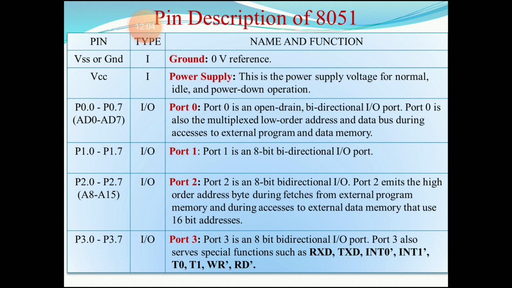And port 2 is multiplexed with higher order address bus A8 to A15, can be used as either a bidirectional IO port or to carry the higher order 8-bit address A8 to A15. And port 3 is a bidirectional IO port and carries some other functions such as RxD, TxD, 2 interrupt signals and 2 timer signals and control signals.